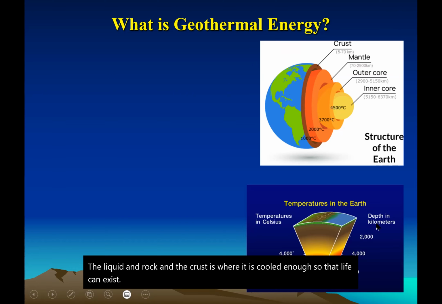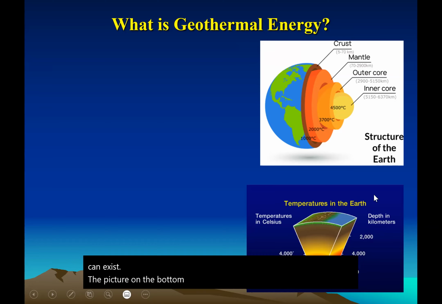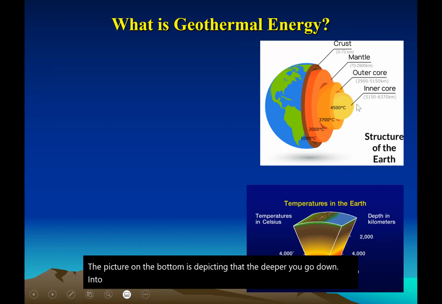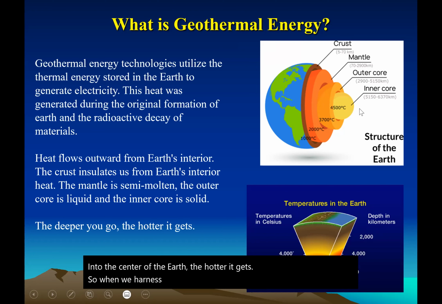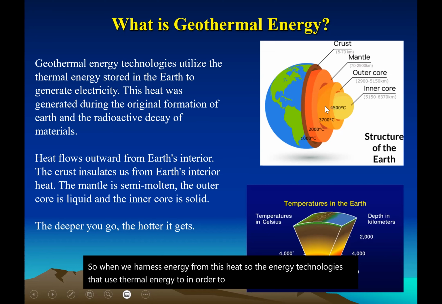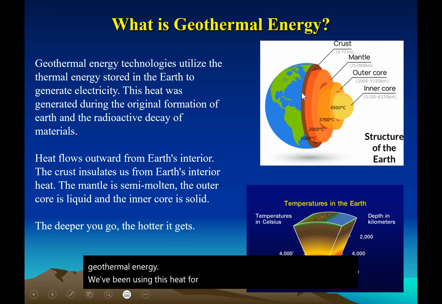The picture on the bottom is depicting that the deeper you go down into the center of the earth, the hotter it gets. So when we harness energy from this heat, the energy technologies that use thermal energy in order to make electricity, especially, is called geothermal energy. We've been using this heat for other uses also.